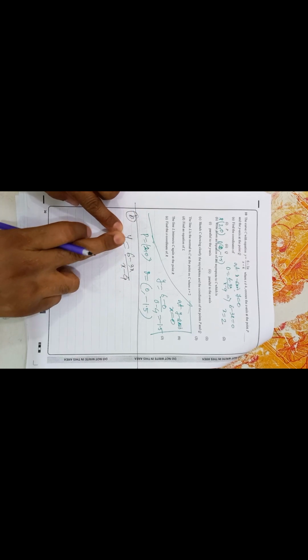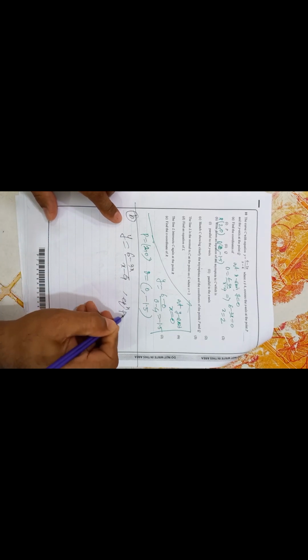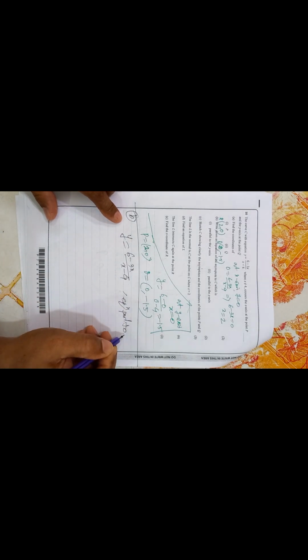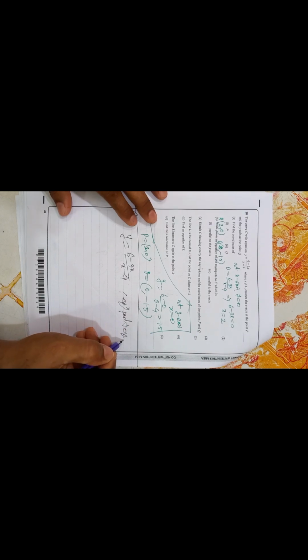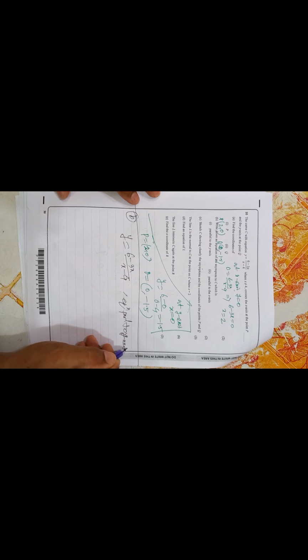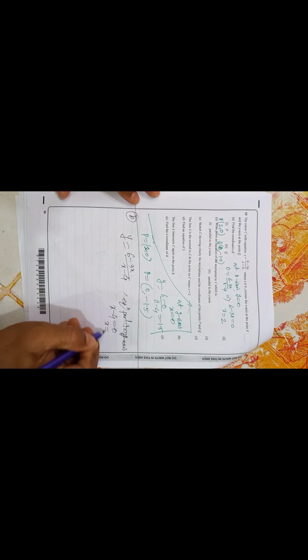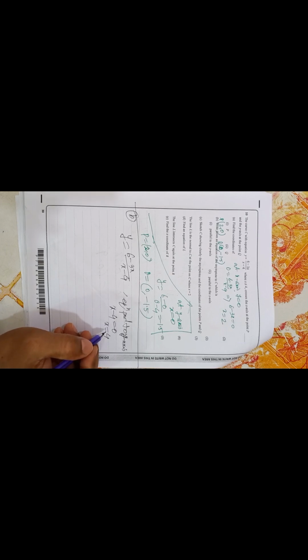Parallel to the y-axis, x is not the subject, so the denominator is 0, x minus 4 equal 0, that is x equal to 4. Now the equation parallel to the x-axis, y is the subject, so you already have y as the subject.